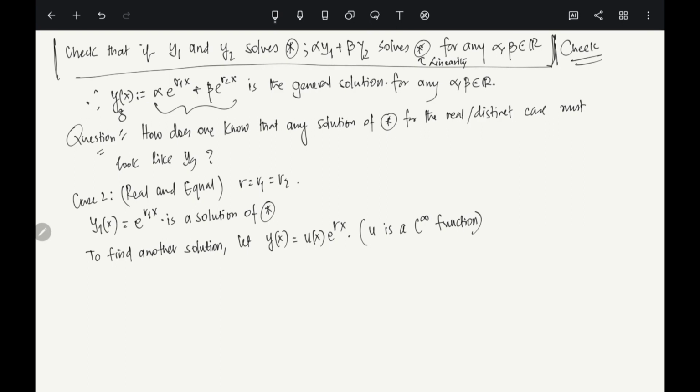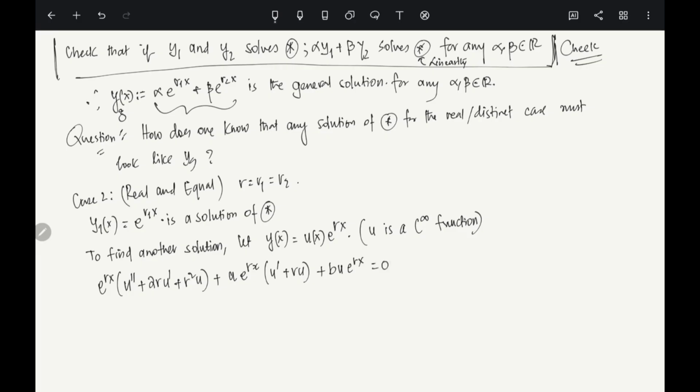So if that is the case, then y(x), y prime and y double prime you can actually calculate, and then that will satisfy the equation. So let's just put it together. It becomes e^(r x) [u double prime plus 2r u prime plus r square u] plus a e^(r x) [u prime plus r u] plus b u e^(r x) equals 0.